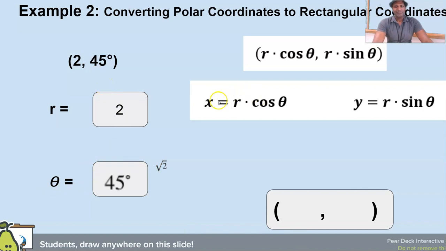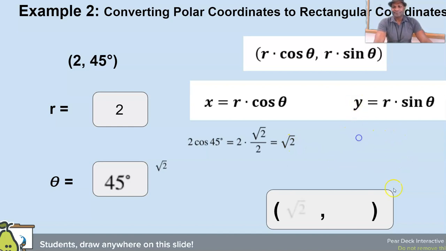To convert to x, you multiply r times the cosine of the angle. So 2 cosine 45 degrees is equal to 2 times the square root of 2 over 2. You get that from the unit circle. Then the 2's cancel out and you end up with the square root of 2.